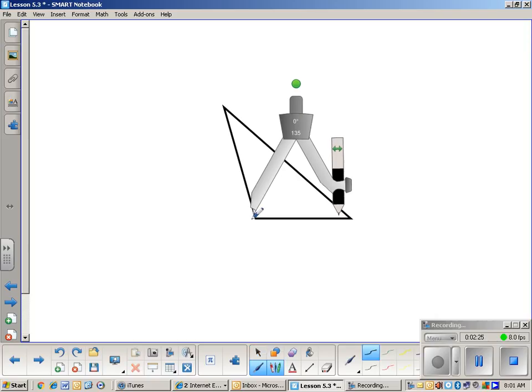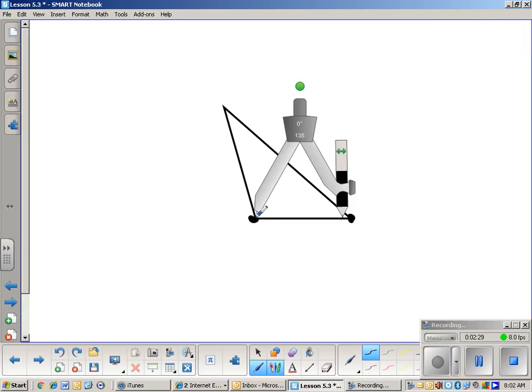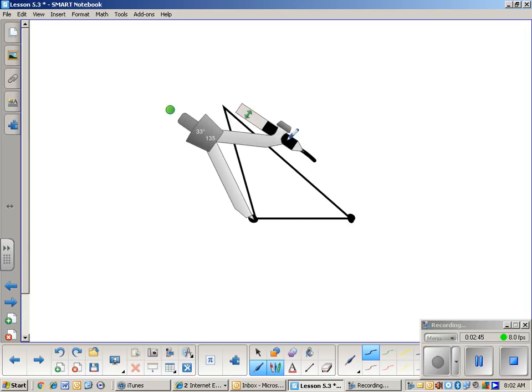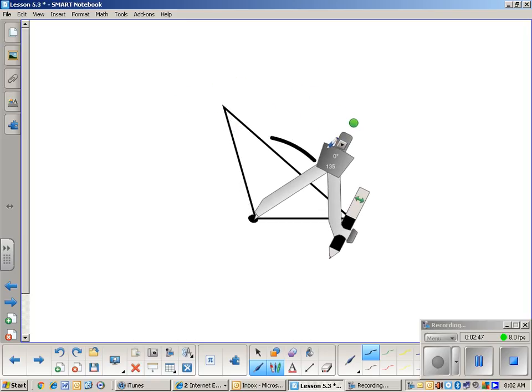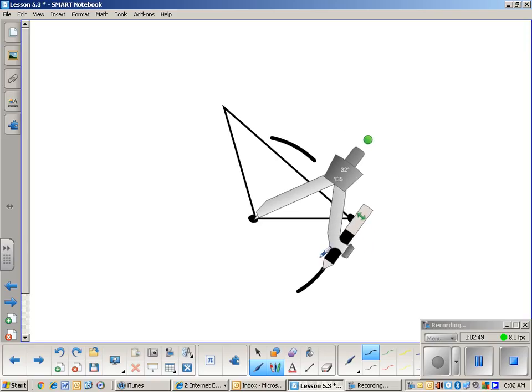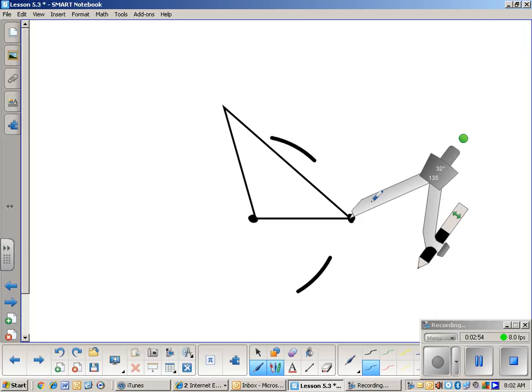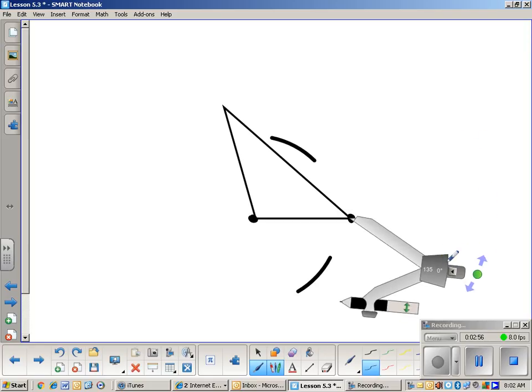If I'm looking at this segment here, this side, I have to pick a distance that's more than halfway. And the line is way more than halfway. And I draw an arc above and below. And I switch sides. And I do the same thing.